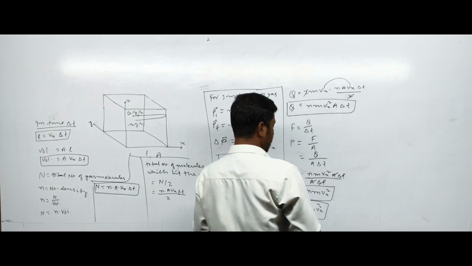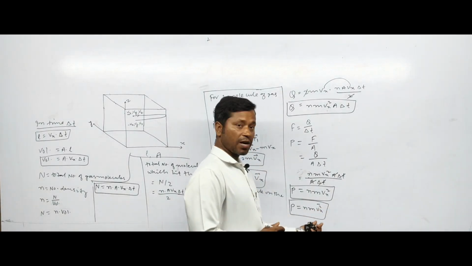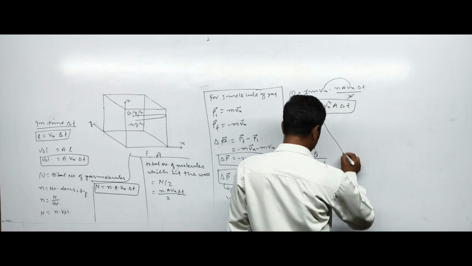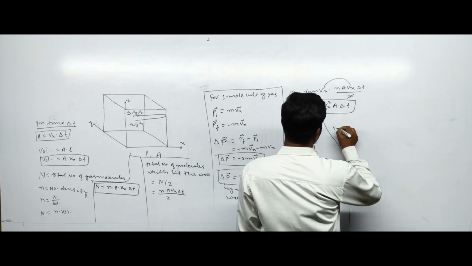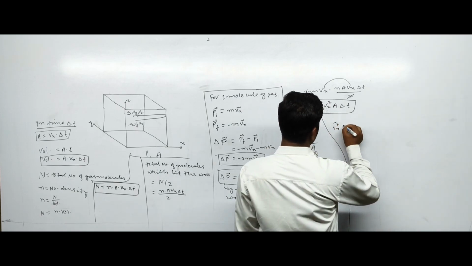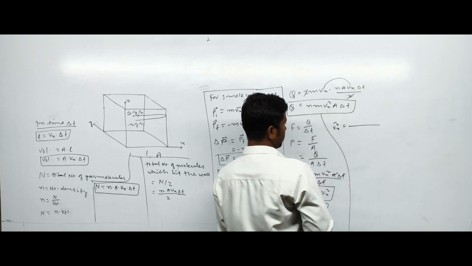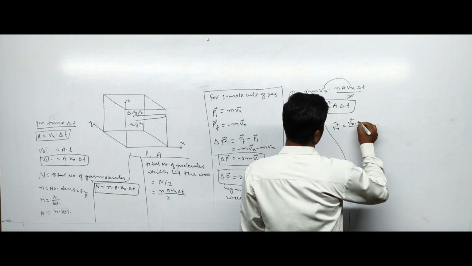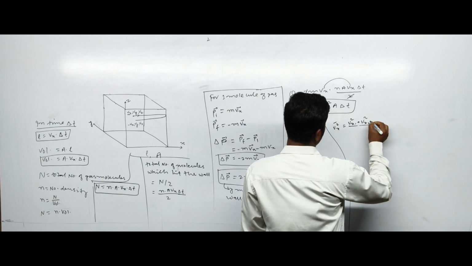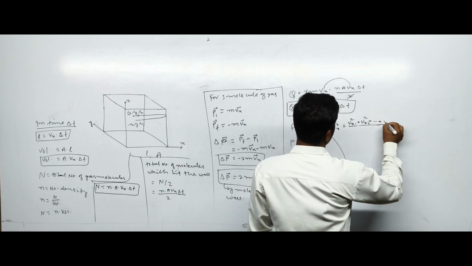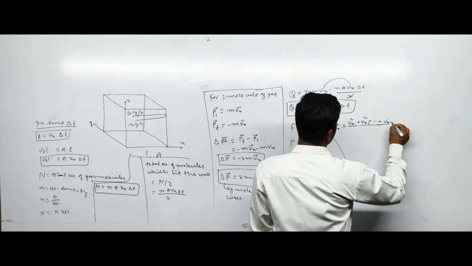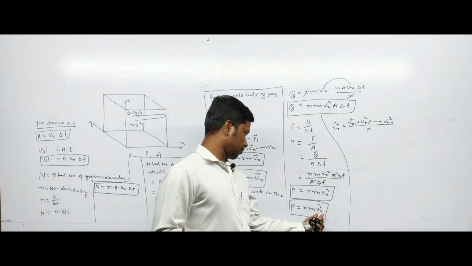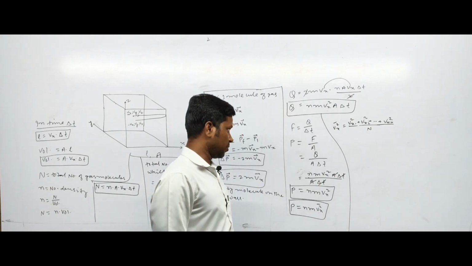And how do we calculate Vx square bar? Vx square bar is the average of Vx1 square plus Vx2 square plus dot dot plus Vxn square, upon n. This is the formula for Vx square bar.